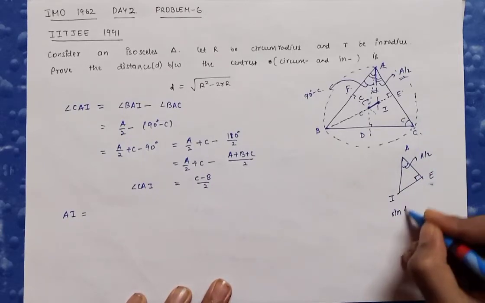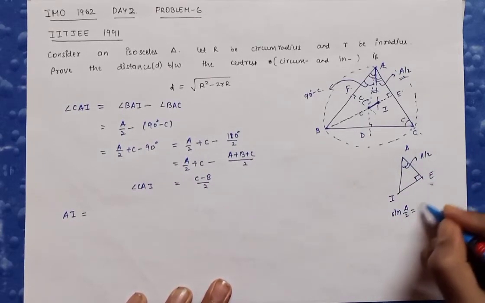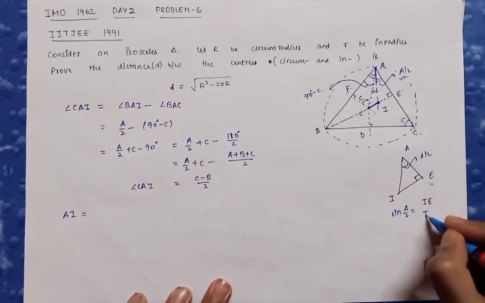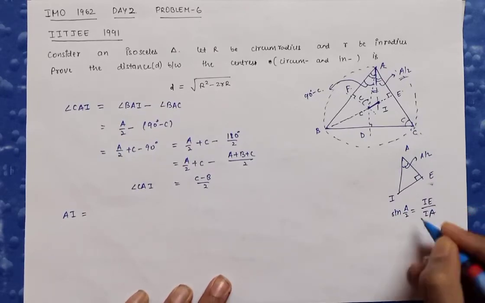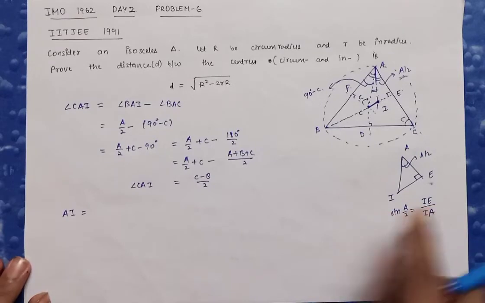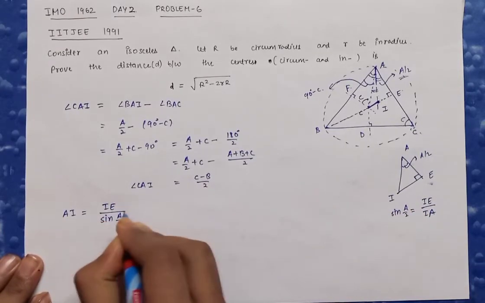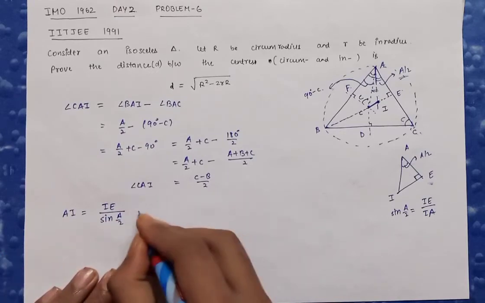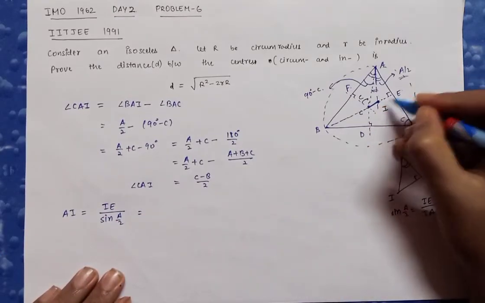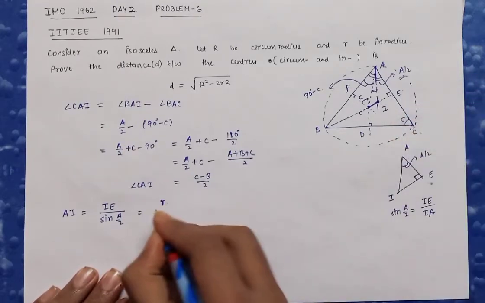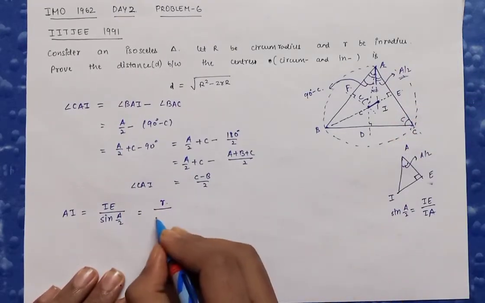So sine A by 2 is nothing but IE divided by IA. So AI equals r divided by sine A by 2, because IE is a perpendicular which I drew from the incenter, so it is the inradius, small r, divided by sine A by 2.